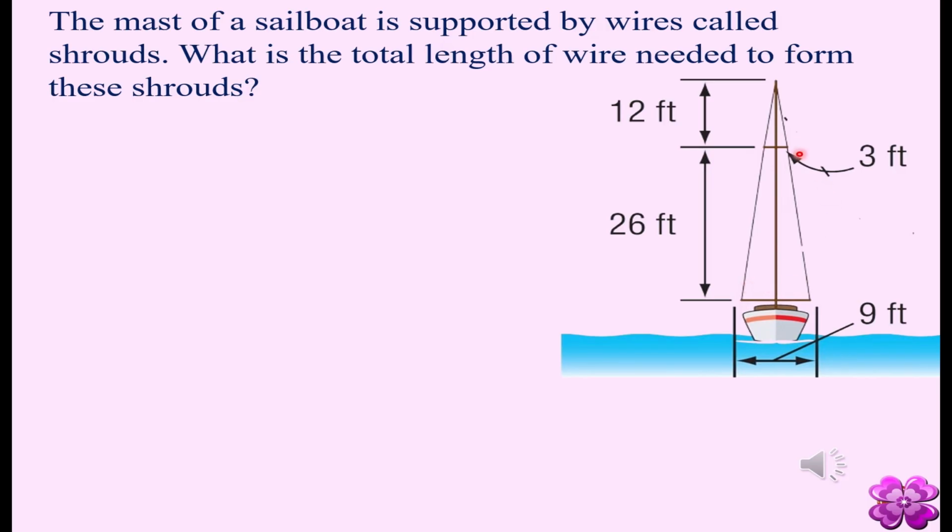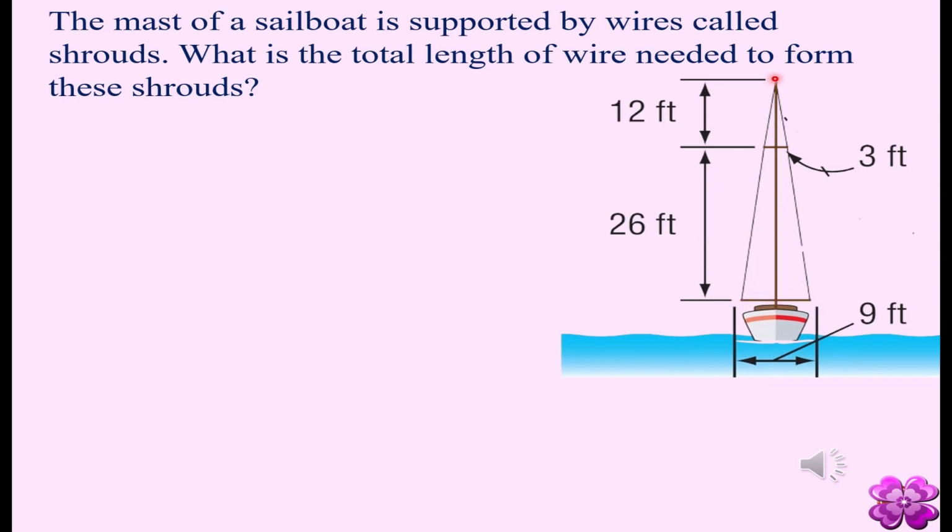Yes? And as you see, the mast from top to the bottom is leaning down and intersecting the width of the boat in the middle. So it means if the width is 9, we have 4.5 here and 4.5 here. Yes?